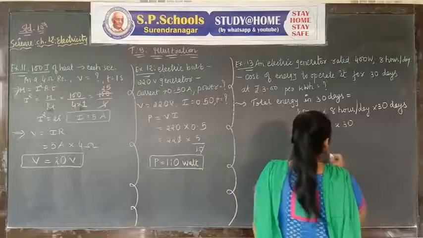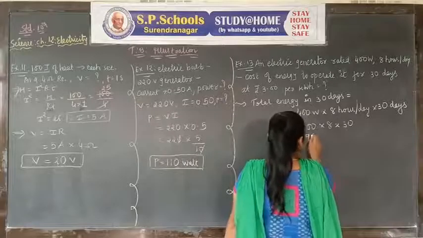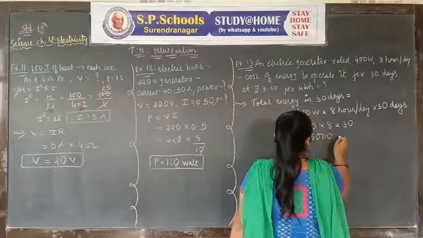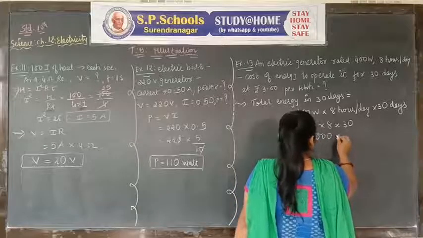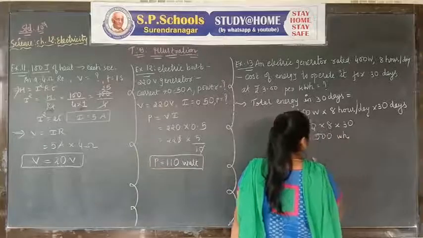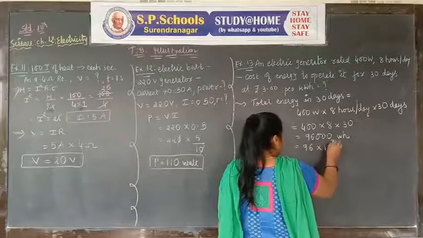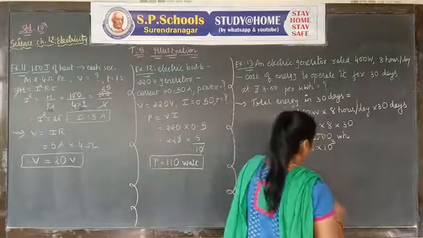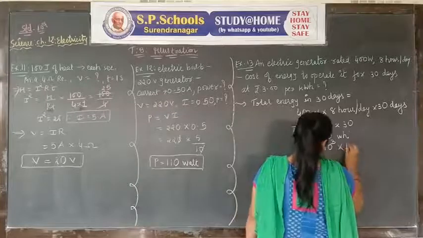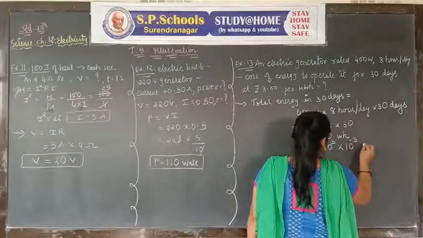So we get 96,000, but it is watt hour. We write it as 96 into 10³ in this way, and we convert it into kilowatt hour.